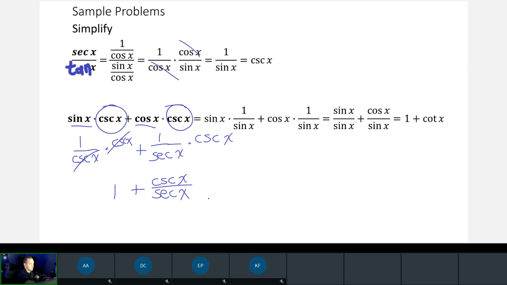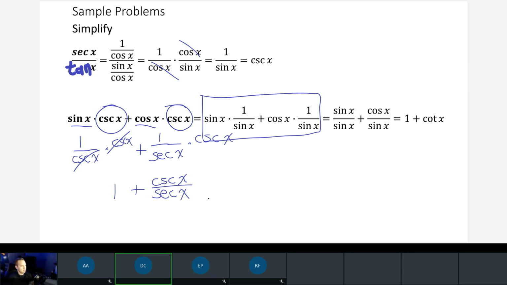So now once we're here, everything is written as sine or cosine. And that's what we want, because then usually from here we can combine stuff somehow, cancel stuff out, and that's what we did. Does that make sense?